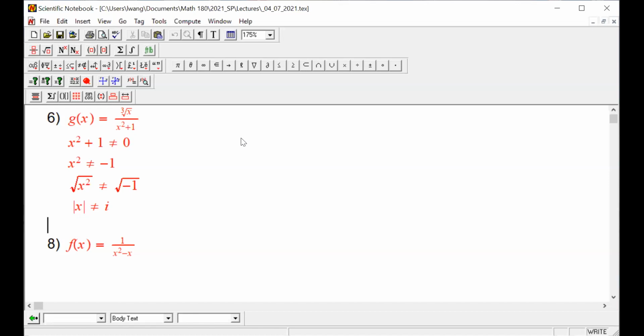Because you ultimately want to determine the domain, right? You need to tell the reader what the domain is.